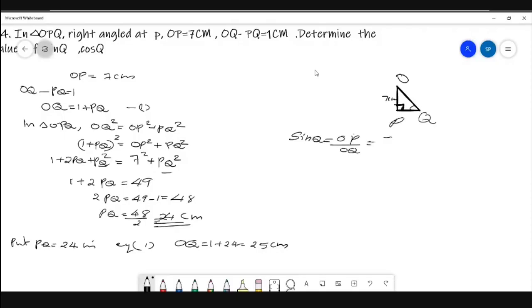That is OP is 7, 7 by OQ is 25. 7 by 25, and cos Q is adjacent side divided by OQ, that is PQ we got 24. So it is 24 divided by 25. Okay, 7 by 25 and 24 by 25.